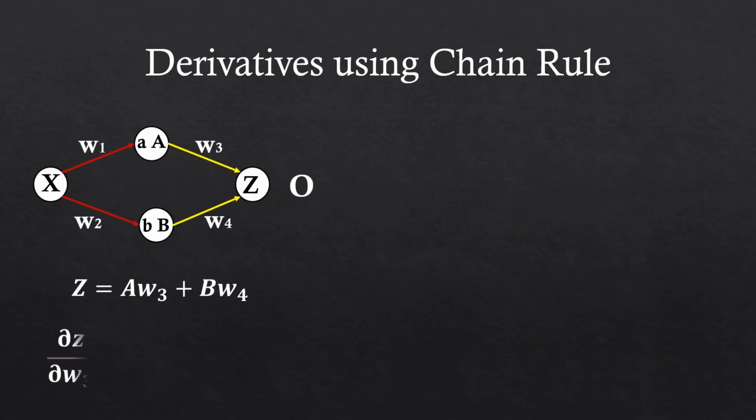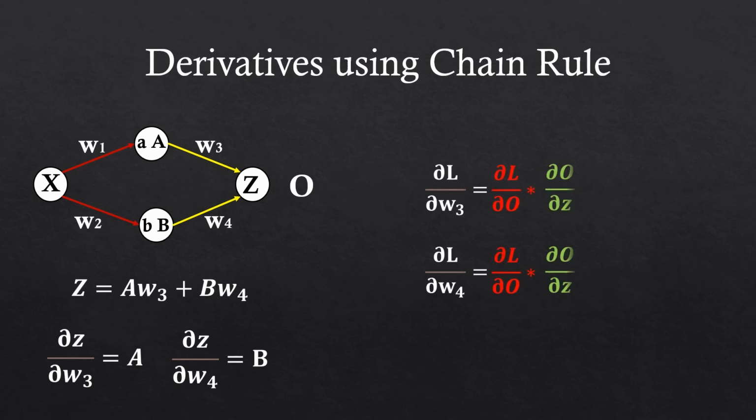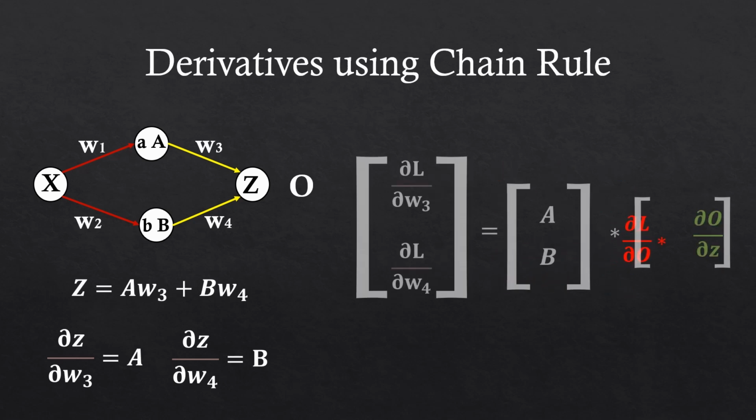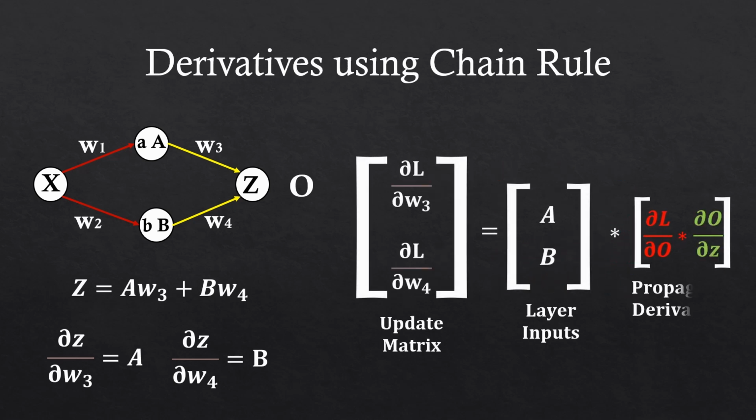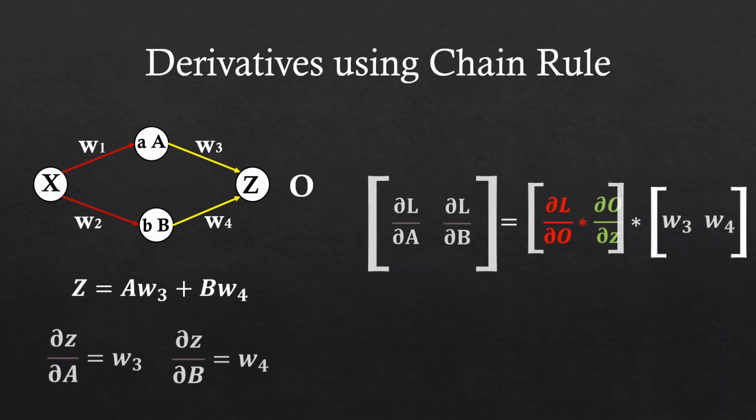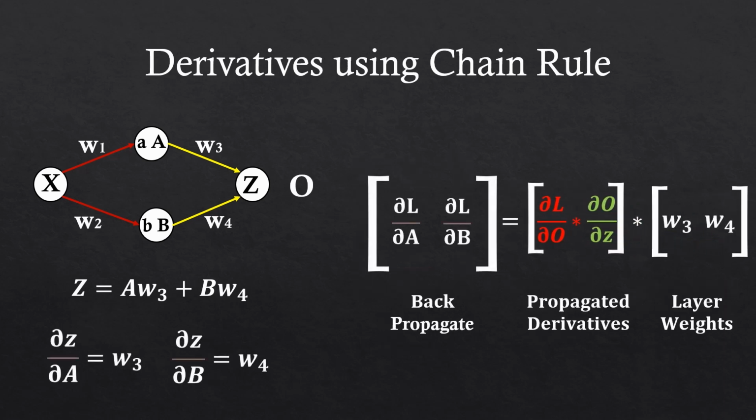Another important fact to notice here is that the effects of each weight and the updated derivatives to propagate to the previous layer can also be calculated using matrices as follows. This is how we will implement the backward pass in the code.